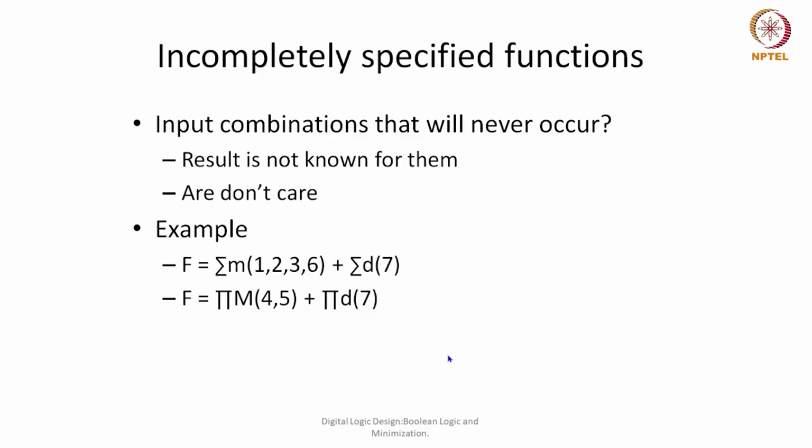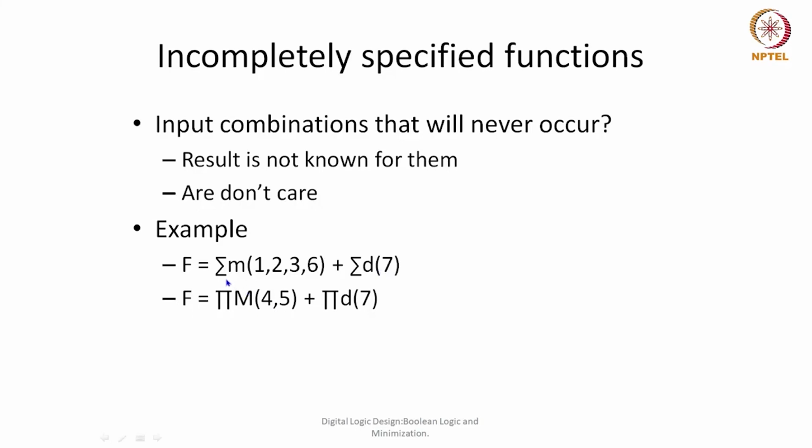In such cases, we call such functions or expressions incompletely specified functions. Those input combinations where the output is not known, or which will never occur, are called don't cares. In the case of sum of products, it is written as sum of min terms 1, 2, 3 and 6, plus sum of don't cares 7.